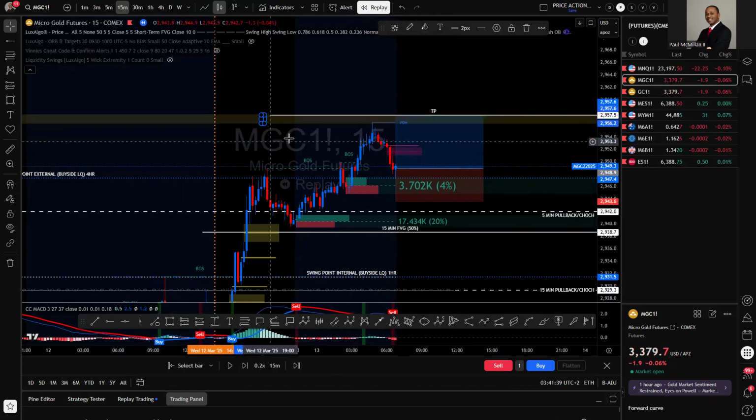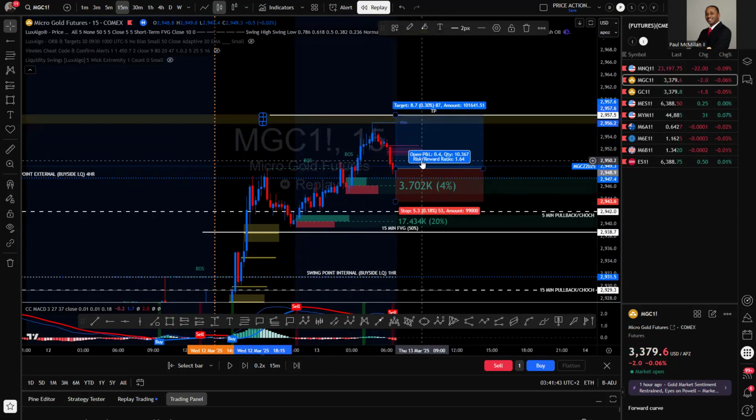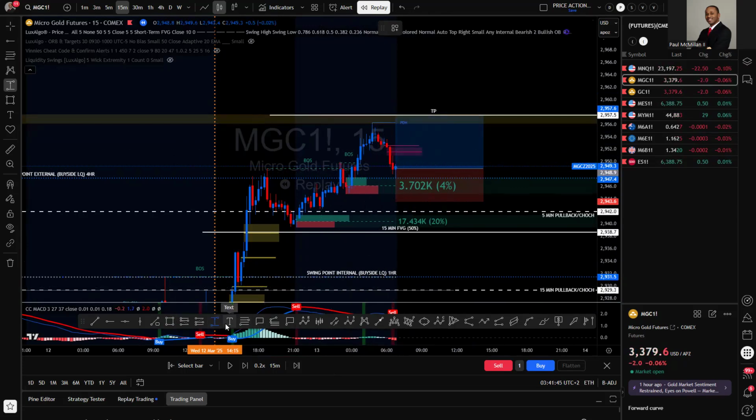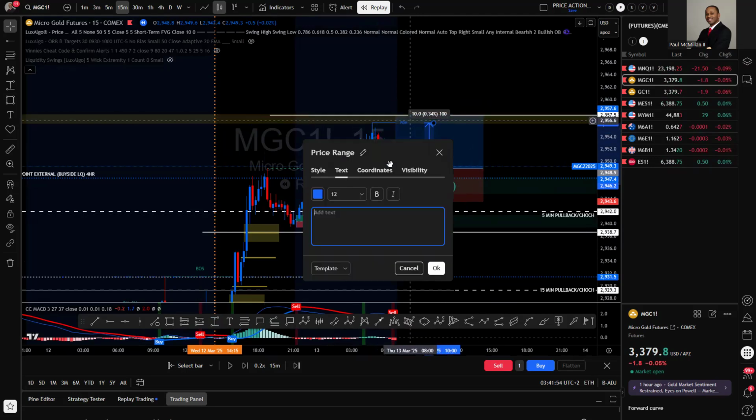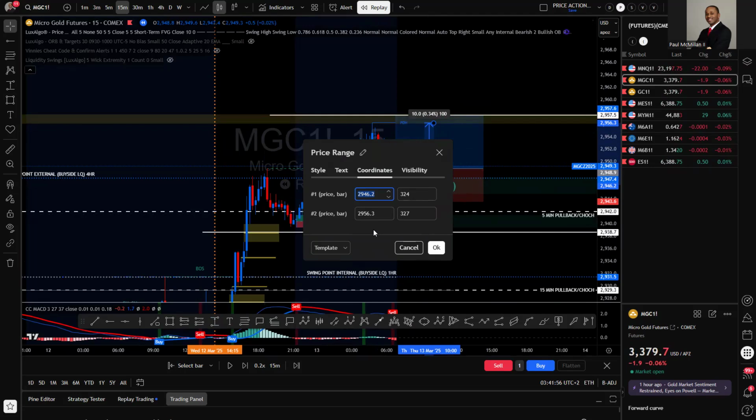But it's still external liquidity, so we want to be very careful. So we probably could have exited out of here. We have liquidity up here at the previous high, and here at the top, that would be our exit. So that was about 6 cents, not bad.